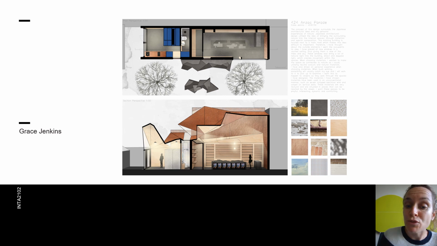Grace had a more formally complex scheme and again quite pared back materials with these punches of blue that started to highlight her joinery elements. So similar to Patricia, we start to see how those materials are expressed by relating the material palette on the right to the images on the left.